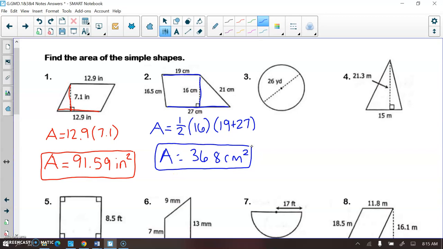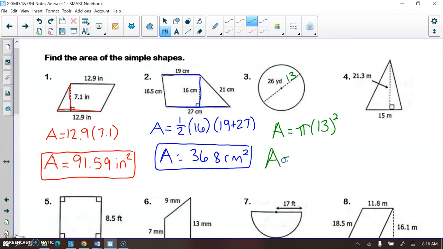All right. Number 3 is a circle. My diameter divided by 2 is 13. That's my radius. In your homework, you're going to be expected to leave your answer as an exact answer. So area is equal to pi r squared. So pi times 13 squared. 13 squared is 169.